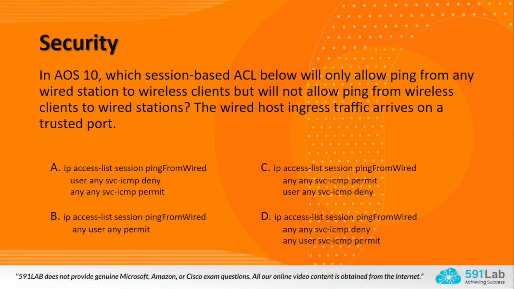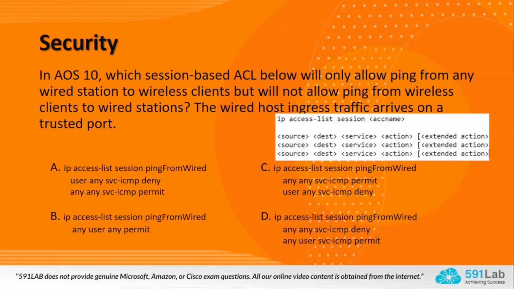Let's understand the format of the session ACL. To define the session ACL, the command ip access-list session, then the access list name, is used. After that, rules are defined: source of the traffic, then destination, and the service, what are the protocols or ports, then the action, maybe permit or deny.